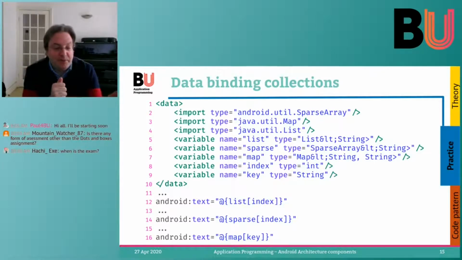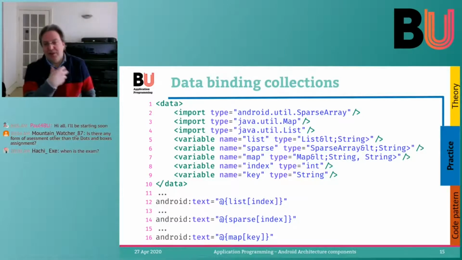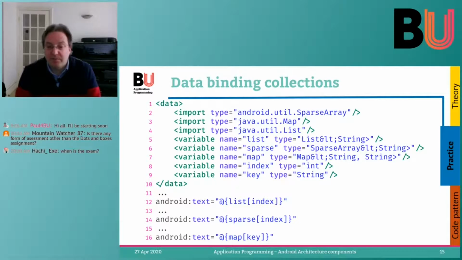So you can have different variables, and then in the rest of your layout, you can make use of those lists and keys, etc. And yes, they do some magic to say, okay, the get method gets translated into an index access, as Kotlin does as well, by the way. Only Java doesn't.